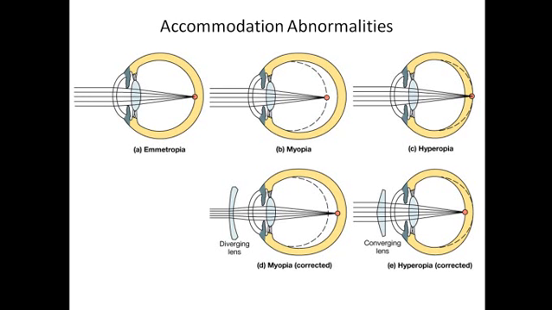If it is in front of the retina, it will result in myopia or nearsightedness. If it falls behind the retina, it will cause what's called hyperopia or farsightedness, which we'll come to discuss.